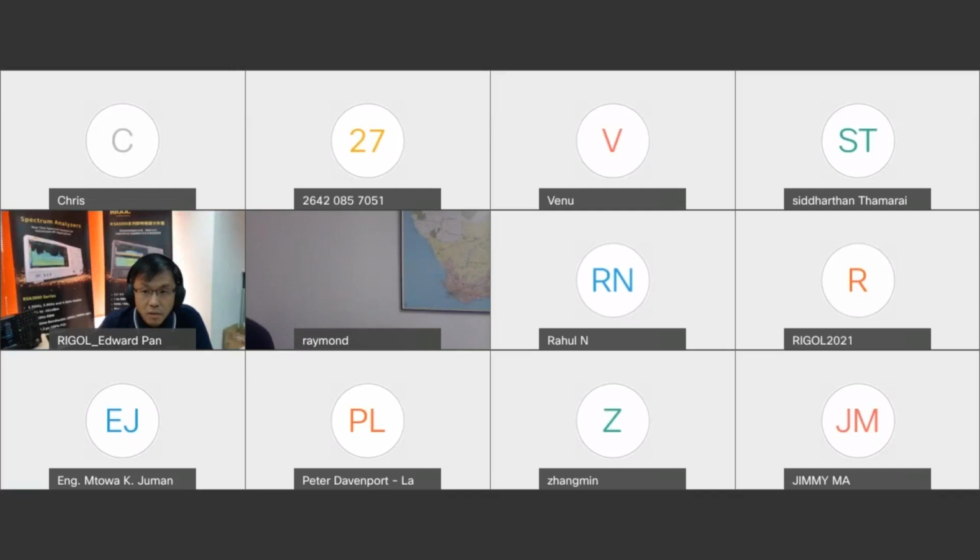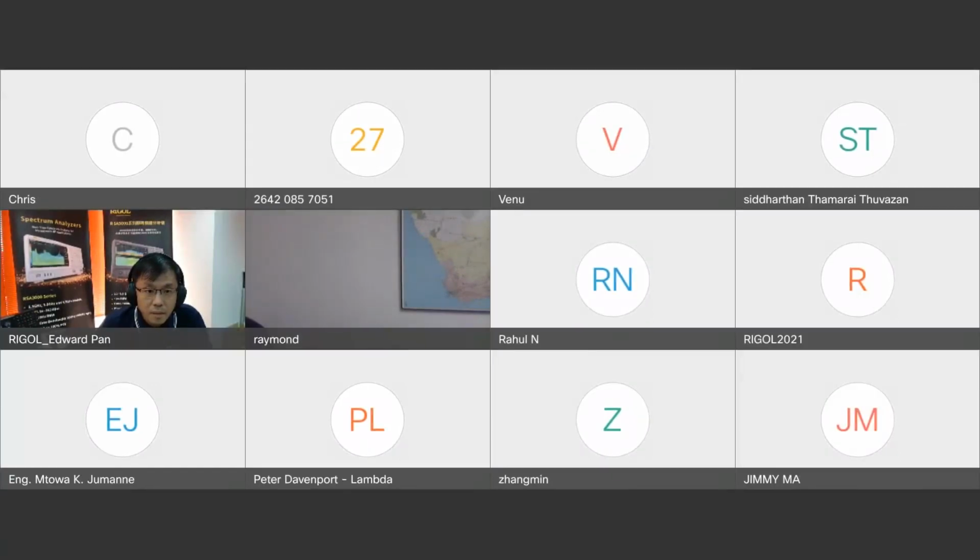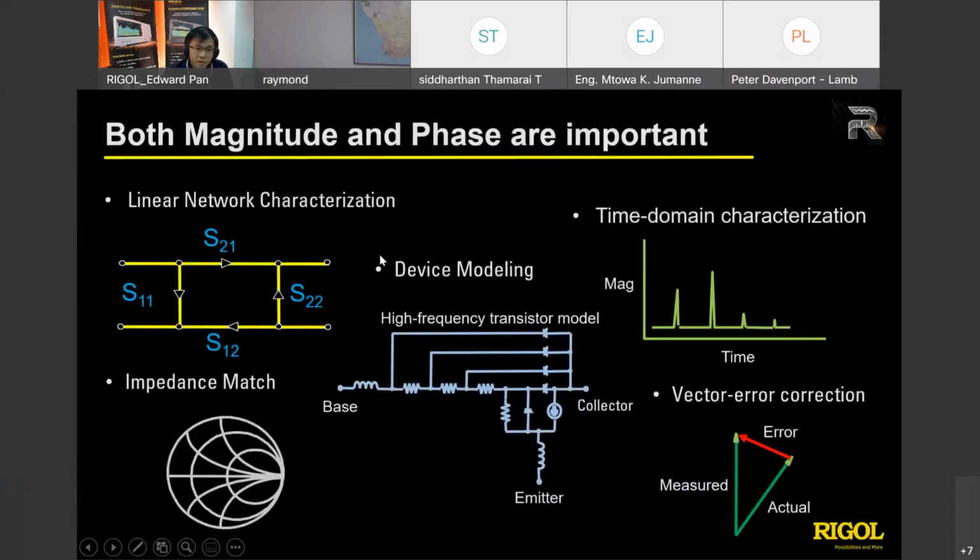Sorry, I will share the screen again. Okay. So that is the network analysis, like the S parameters. And the other is the impedance match information, which you get based on the Smith chart. And we need to measure the time domain characterization by the TDR functionalities.